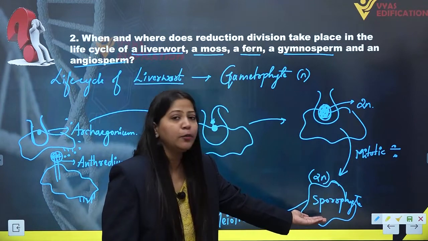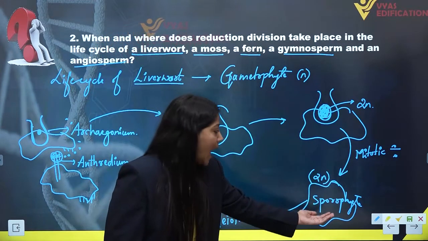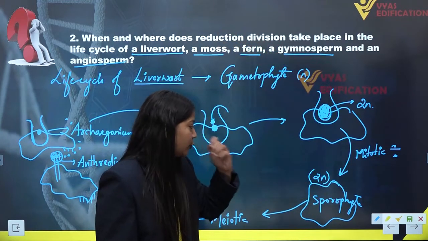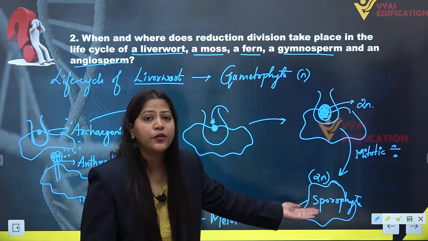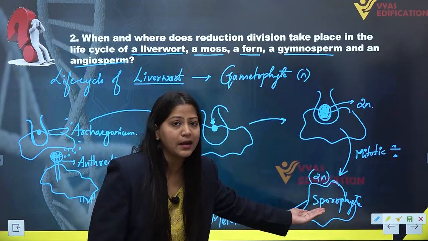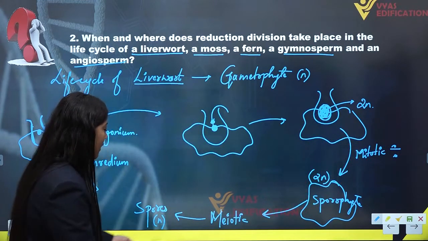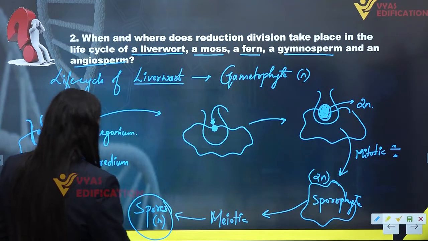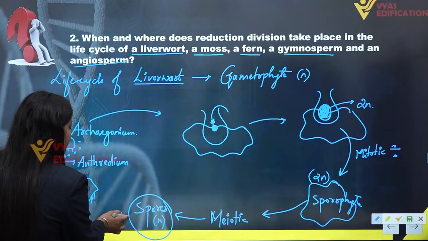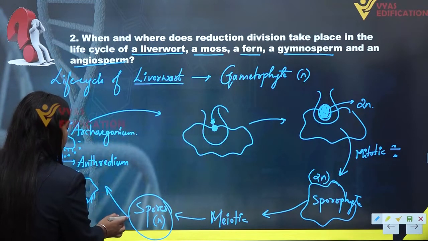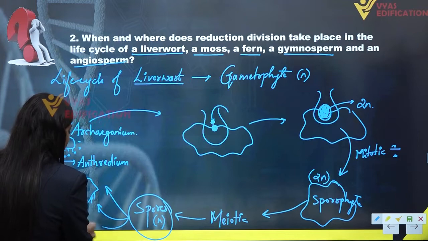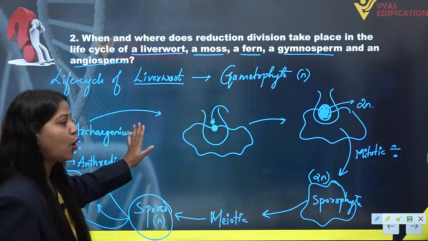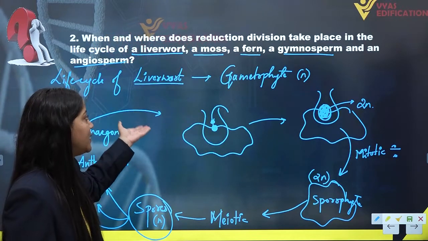This sporophytic plant body contains sporangium, and inside the sporangium meiotic division, reductional division occurs and results in the formation of haploid spores. Each and every spore gives rise to a new plant body on germination. So this is a complete life cycle of a liverwort or Marchantia, which is of course an example of liverwort.